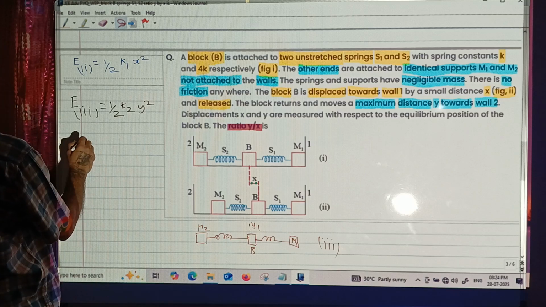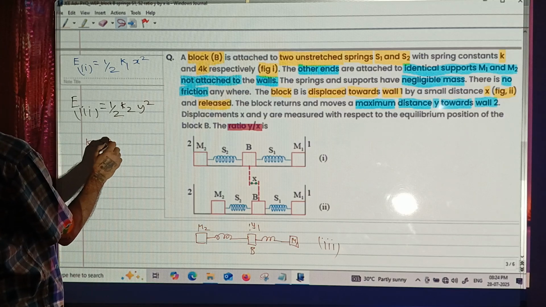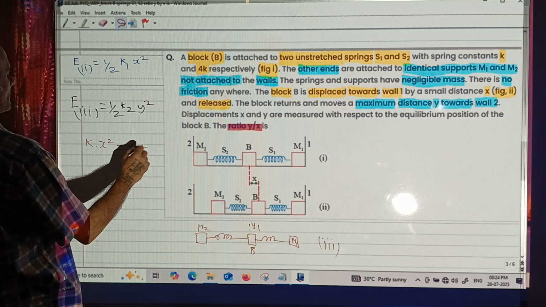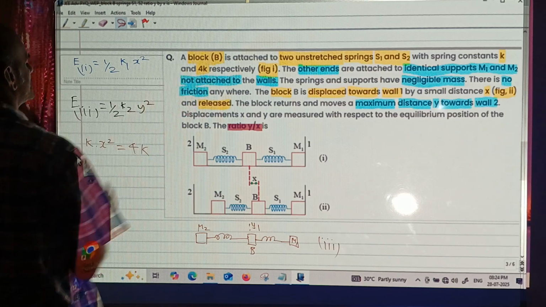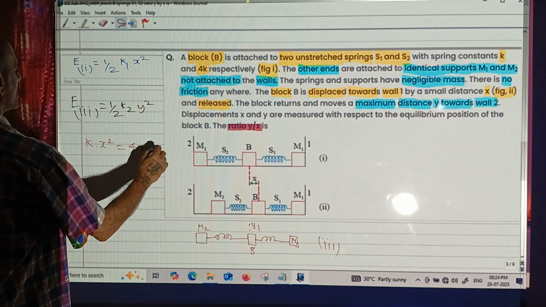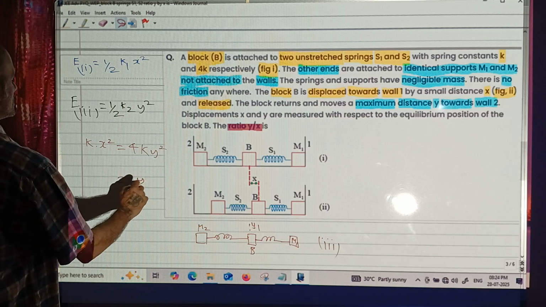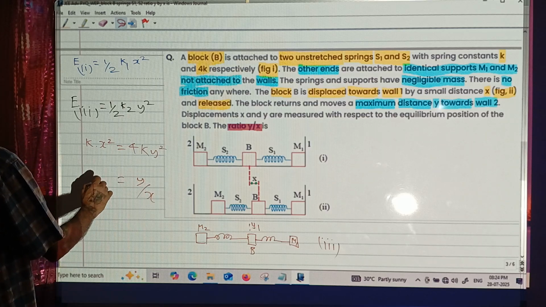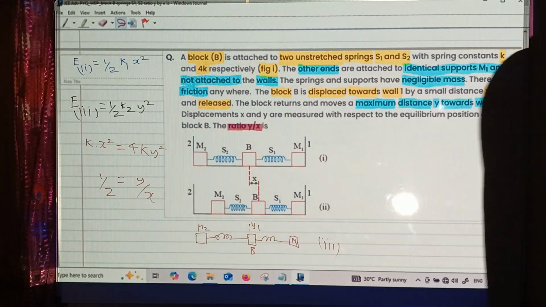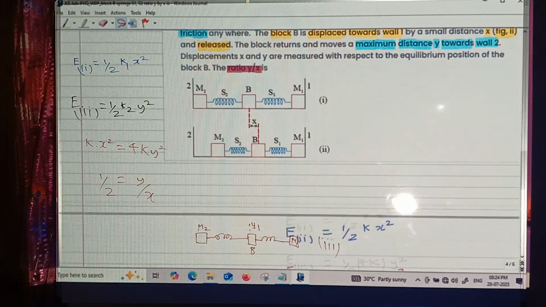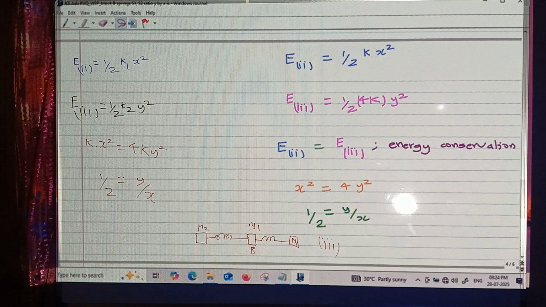K1 is K, as given in the question, into x square, equal to K2, which is 4K, the second spring, into y square. So y by x is 1 by square root of 4, it's half. Half is the correct answer.